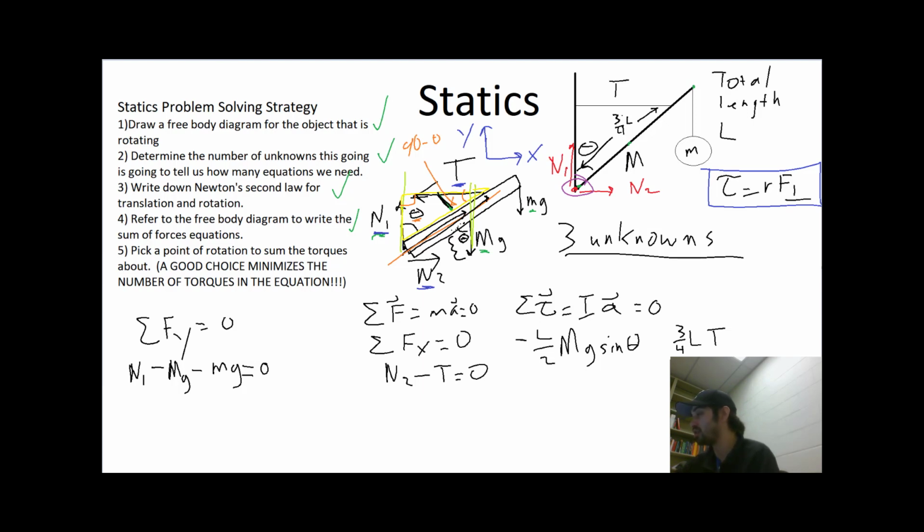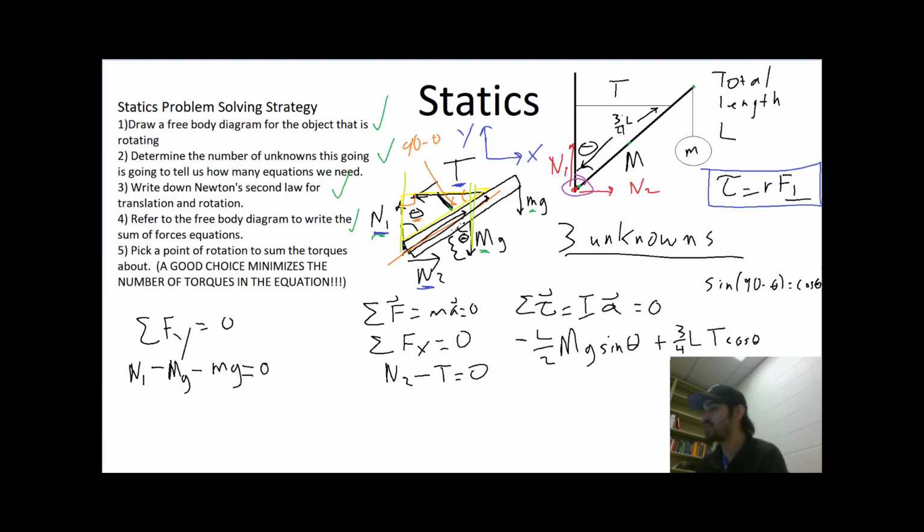Or we could also say that this is cosine of theta, because sine of 90 minus theta is equal to cosine of theta. Okay? Now, is this going to be positive or negative? This is going to cause us to rotate in the counterclockwise direction. And we're saying that counterclockwise is positive, and so this one is positive.